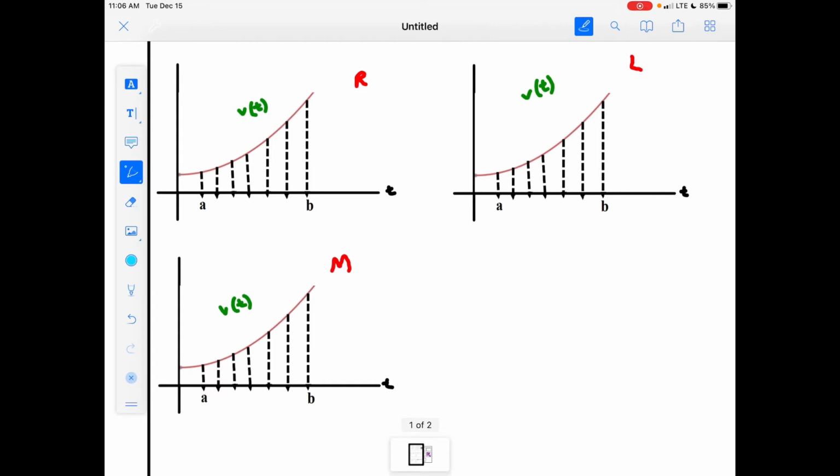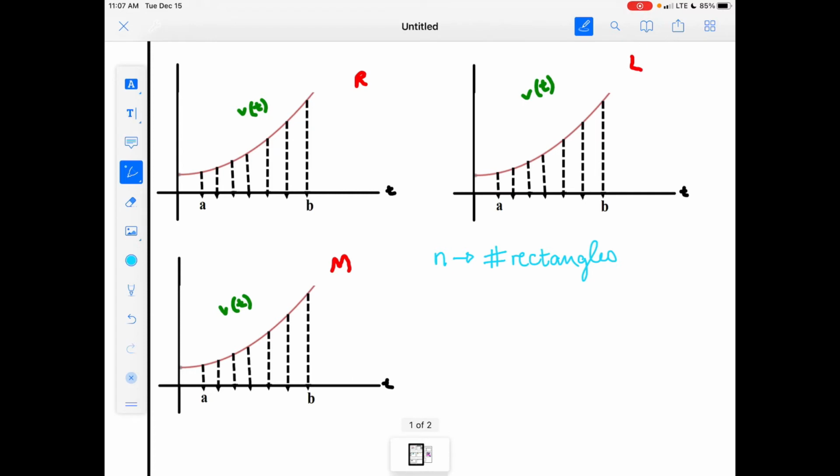Now, one thing to keep in mind is when you are asked to approximate an area under a curve using a left or a right or a midpoint Riemann sum, they will tell you with 3 subintervals, with 4 subintervals, or with n subintervals. That just means those are the number of rectangles that we'll use.